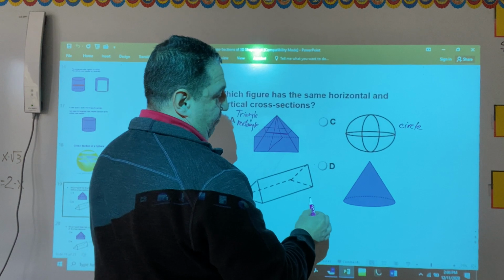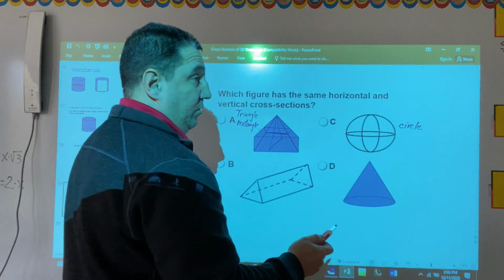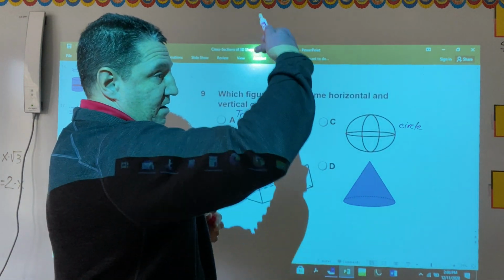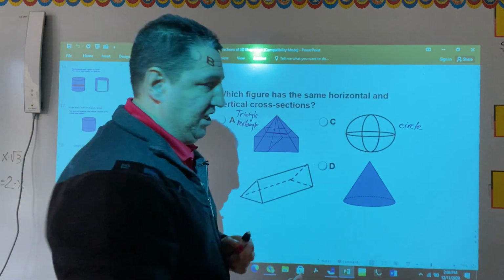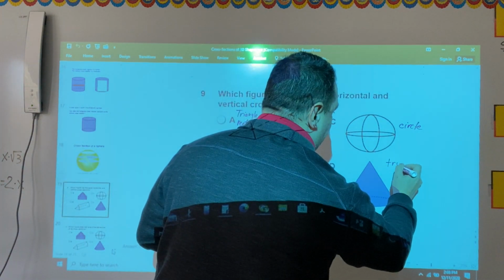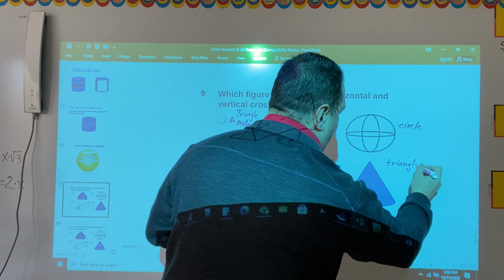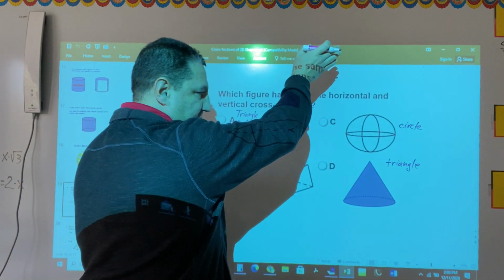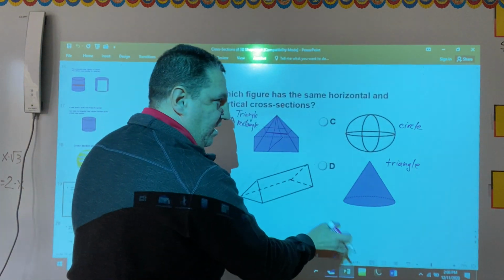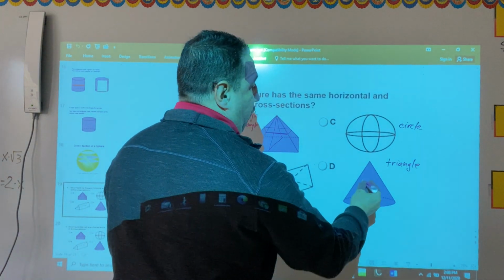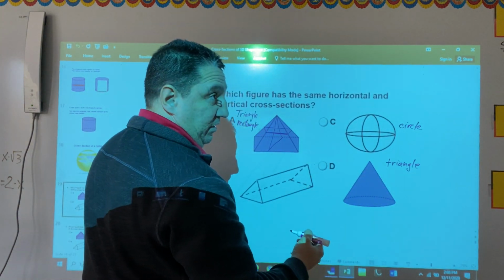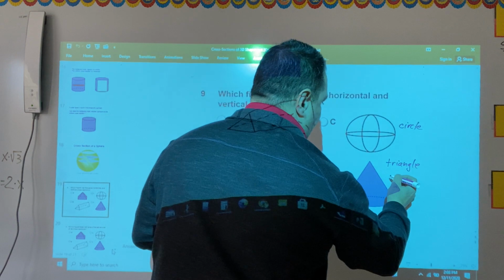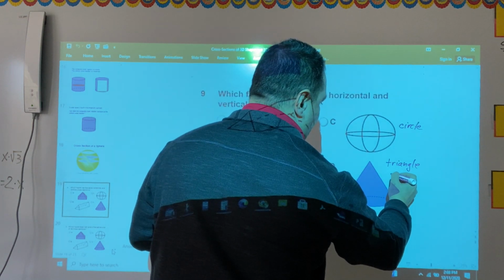Here, for a cone, a vertical cross section would be a triangle if that cut is made through its apex. For a horizontal cut, the cross section would be a circle.